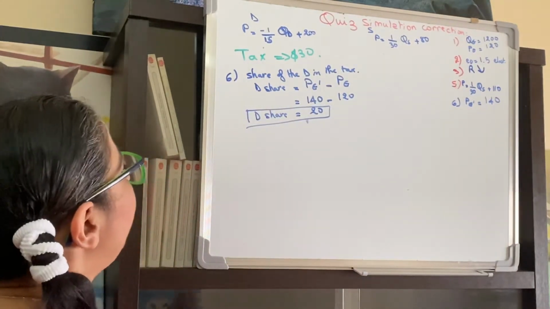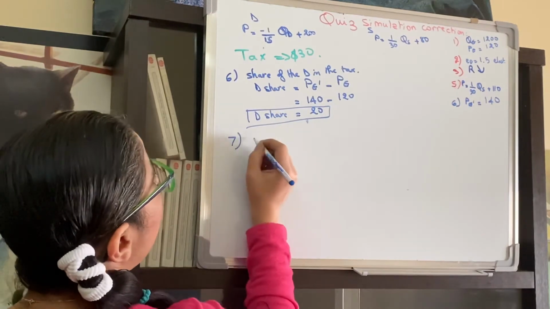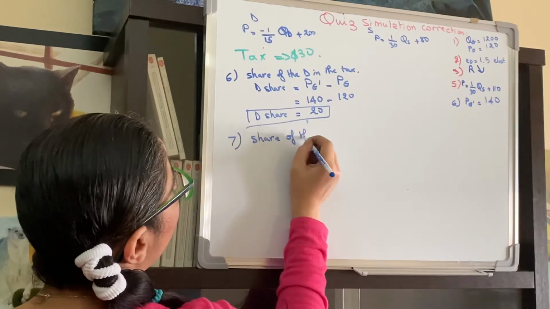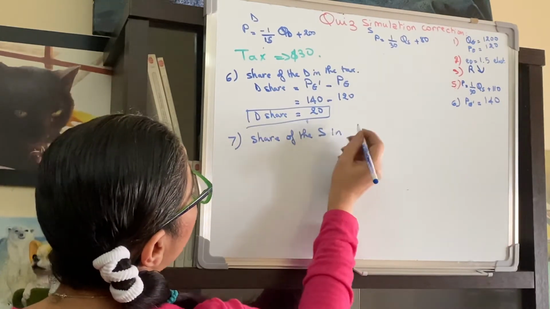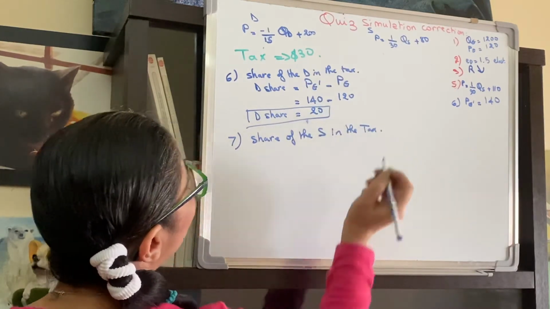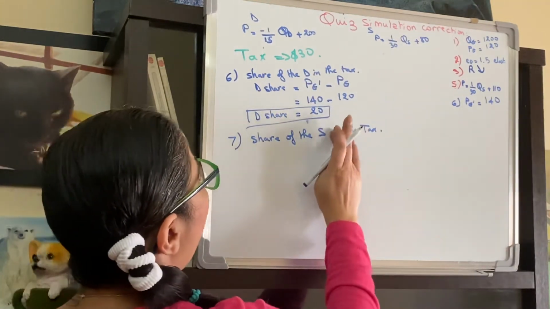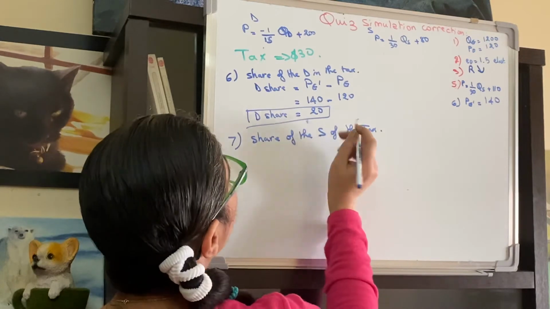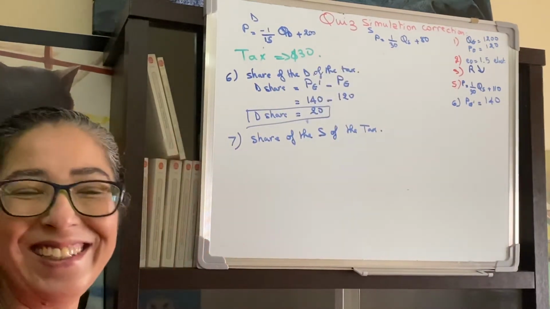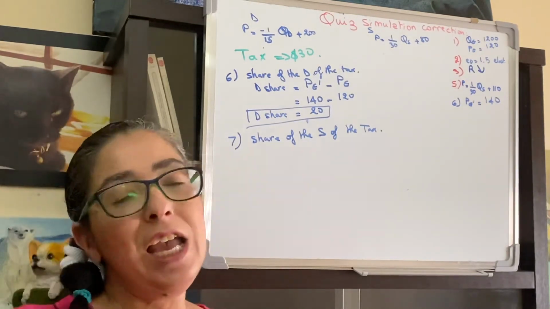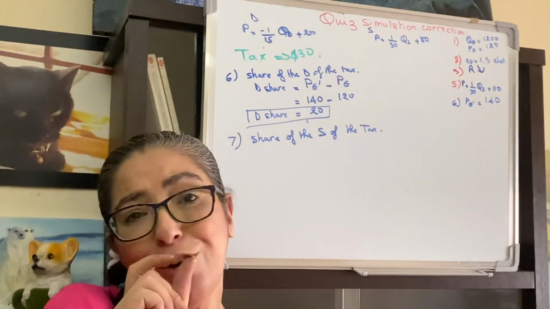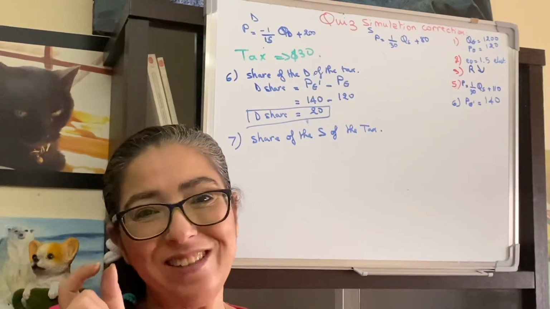Question 7, the share of the supply, the share in the tax. So, if the demand pays $20, how much is left for the supply? That's all we're calculating.